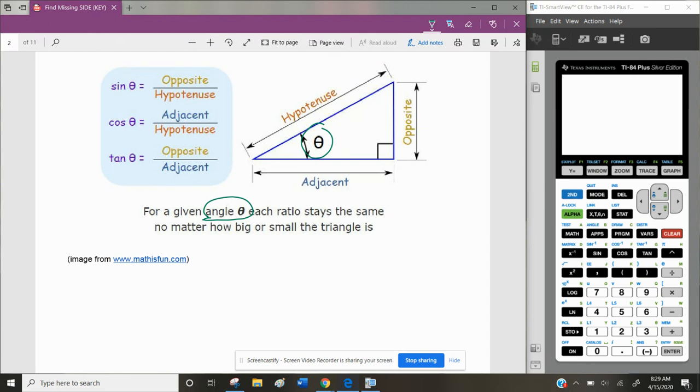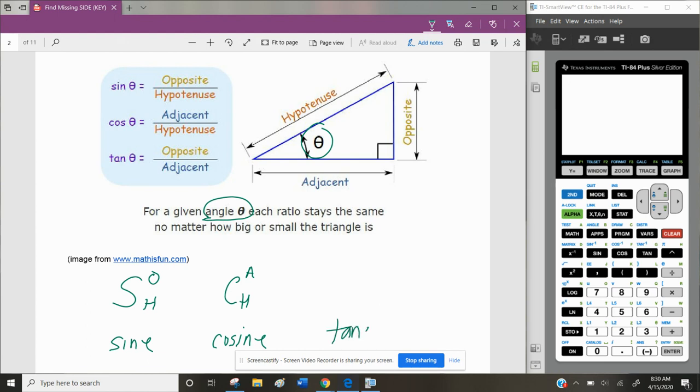Okay, so we're going to use these ratios, sine, cosine, and tangent, to solve for an unknown side in a right triangle. For sine, we're going to use SOH, and that is always the opposite over the hypotenuse. For cosine, we're going to use CAH, and that is our adjacent over our hypotenuse.